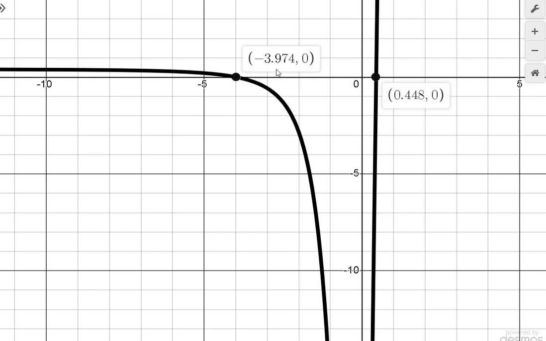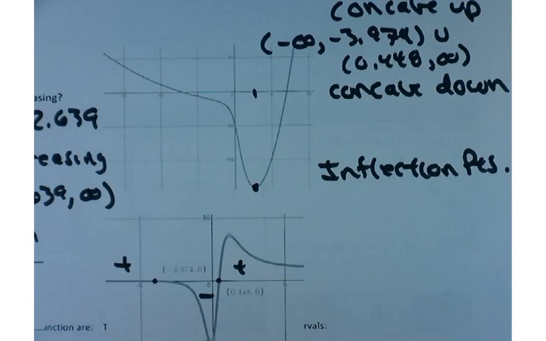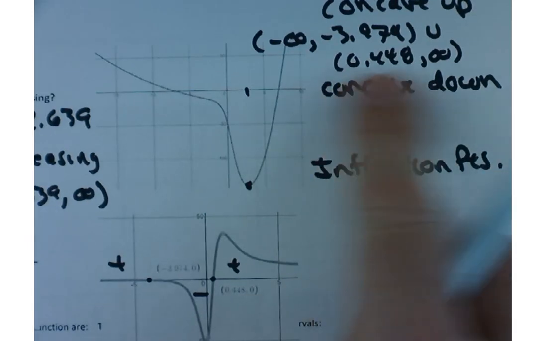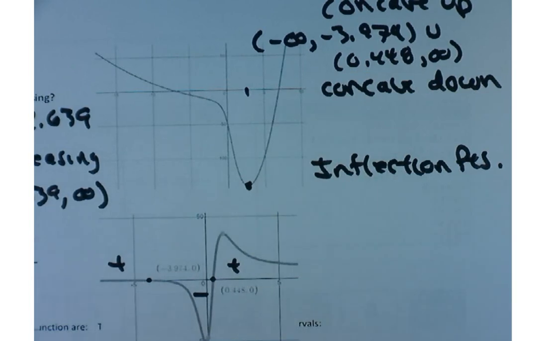And then from 0.448, positive phase. Yeah, so this last one to the right of 0.448, you're exactly right. 0.448 to infinity, so cool, that's our interval for concave up.